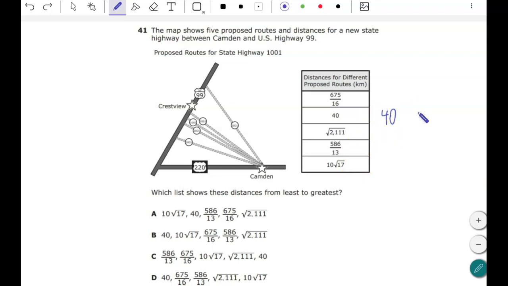40 is good. Use your calculator, and let's go ahead and do the first one there, 675 divided by 16. It comes out to 42.1875. It's important to line up those place values there.